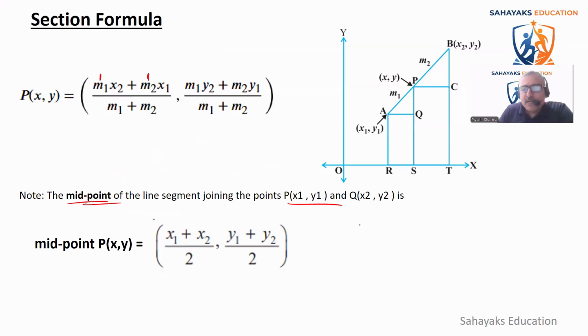When there are two points (x1, y1) and (x2, y2) and I have to find the midpoint, it means it is being divided in the ratio 1:1. So m1 and m2 become 1. The value comes out to be (x2 plus x1) divided by (1 plus 1), that is 2, and (y1 plus y2) divided by 2. These are the only formulas required for the complete chapter.